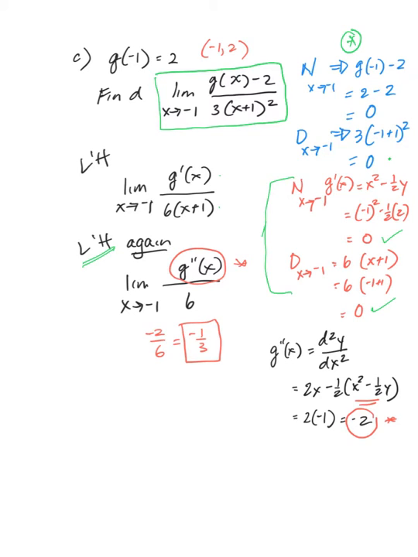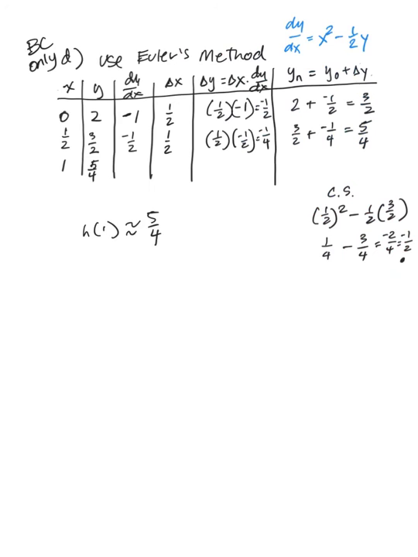Remember, g double prime from part A, and then we're going to plug in the value that was given way up above. We're given -2, 2. We plug that in. I get -2 as the second derivative of g over 6, and I get -1/3.